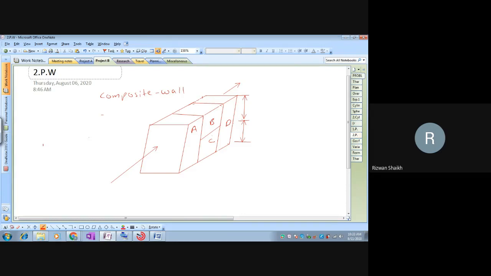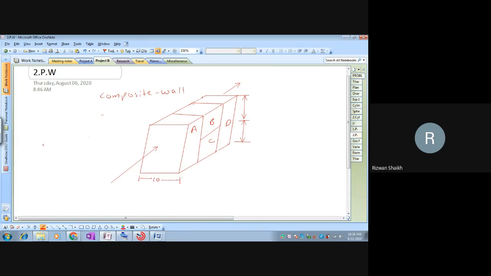If you consider the resistances, layer B and layer C will be parallel to each other, and A and the rest of the resistances will be in series. Now, going into the dimensions, the total length, starting from here, is 10 centimeter, given in the problem.